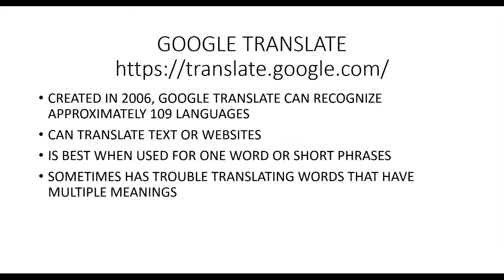But you'll find it's best for one word or short phrases. One problem Google Translate has is that if a word or phrase has multiple meanings, it has a little bit of trouble with that, but it's definitely worth giving it a try.